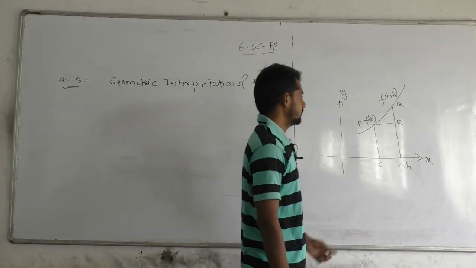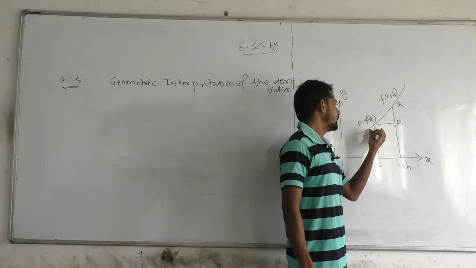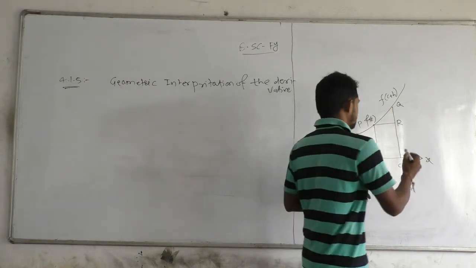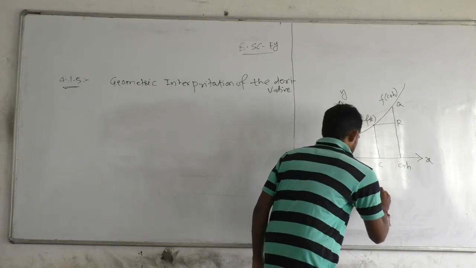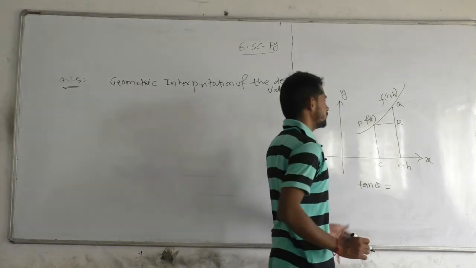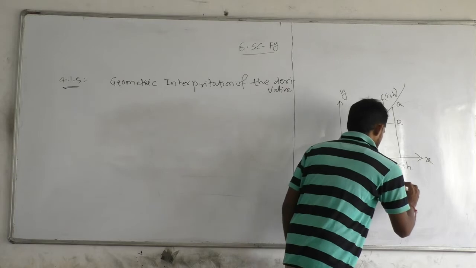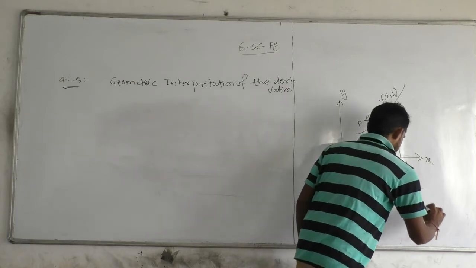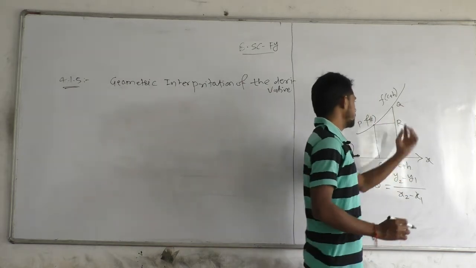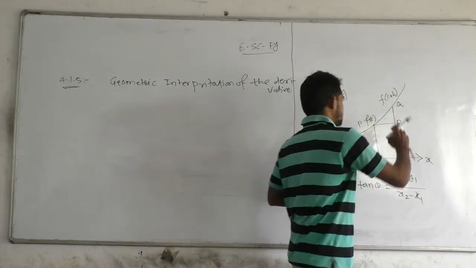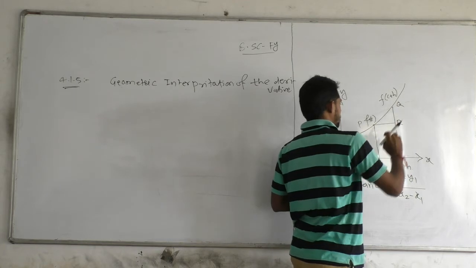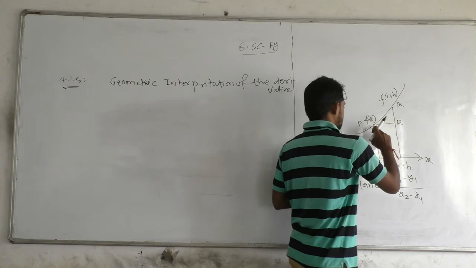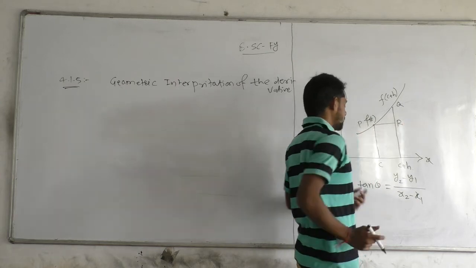Now the slope is tan theta, equal to (y2 minus y1) divided by (x2 minus x1), where y2 and y1 are the y coordinates and x1 and x2 are the x coordinates.